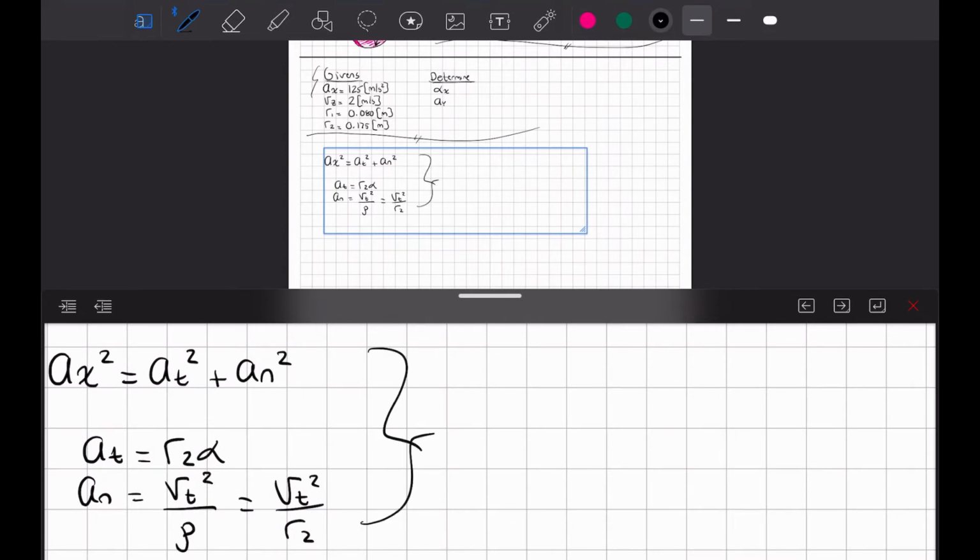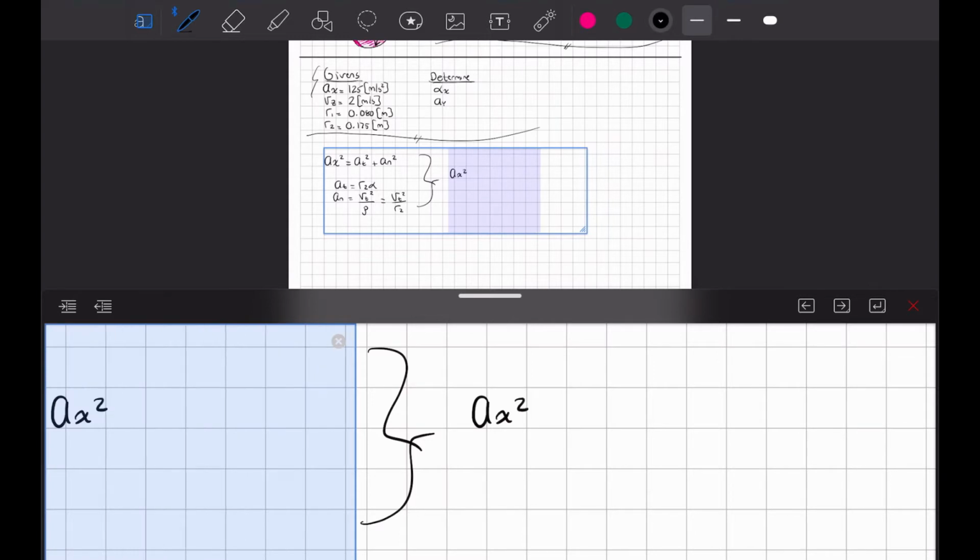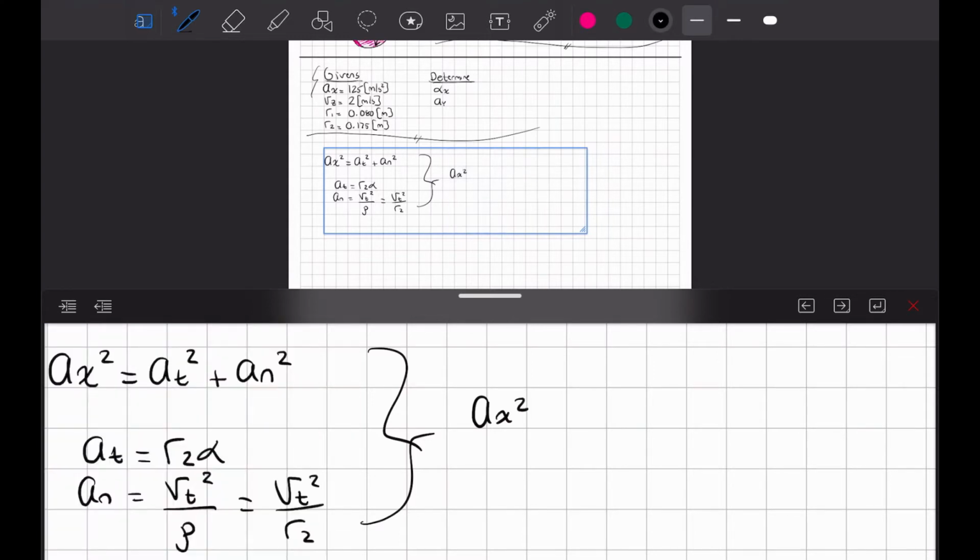And so if we wish to simplify this down a bit, we have ax squared is going to be equal to r2 alpha squared plus vt squared all over r2, and then that entire quantity is squared.